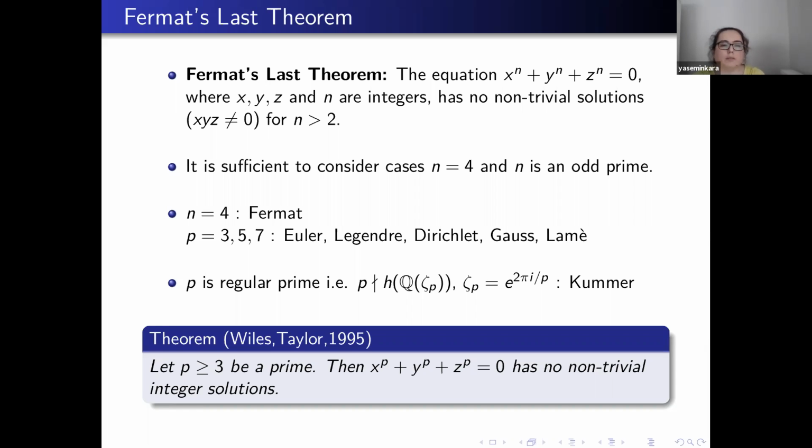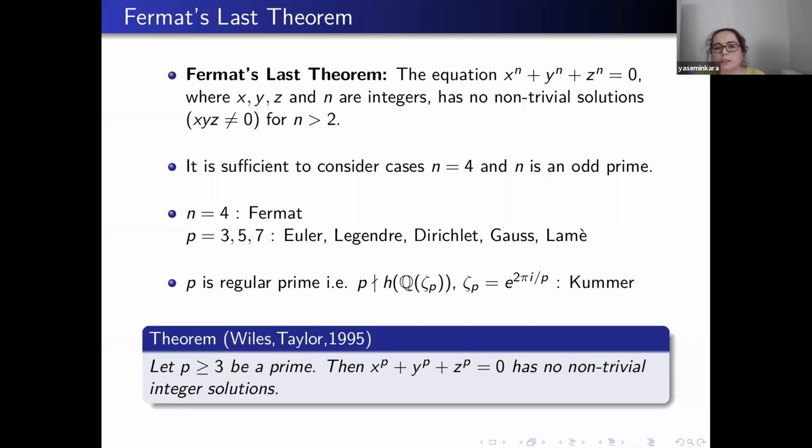Trivial means x = y = z = 0. If you look at this equation a little bit, you will see that it is sufficient to consider the cases n = 4 and n an odd prime. If you can prove these cases, you can prove Fermat's last theorem for any n bigger than 2. And n = 4 was proven by Fermat himself.